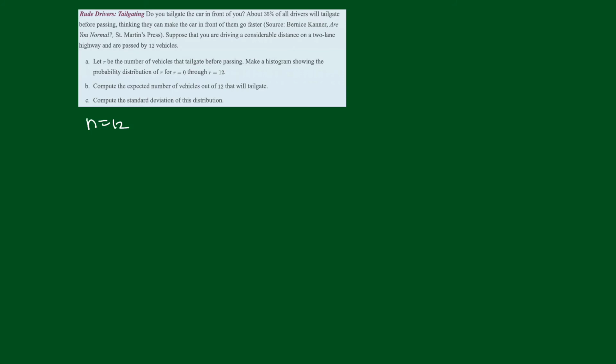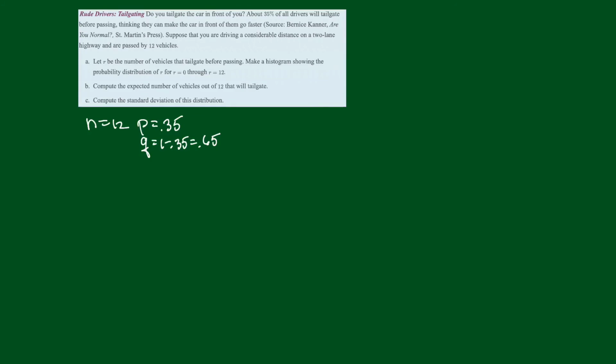So we're going to let P be the probability of success, and the success is seeing somebody who's tailgating. So that's going to be 0.35. Then automatically, what is Q? 1 minus 0.35, which is 0.65.